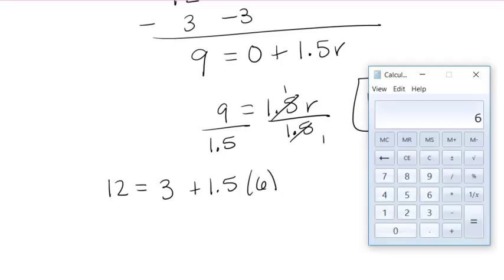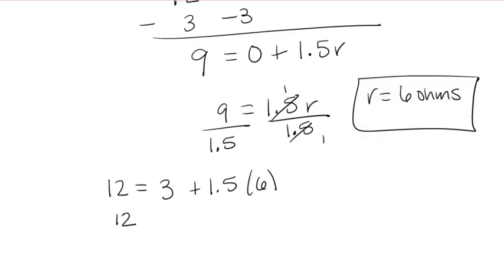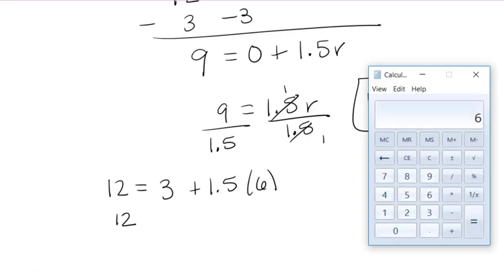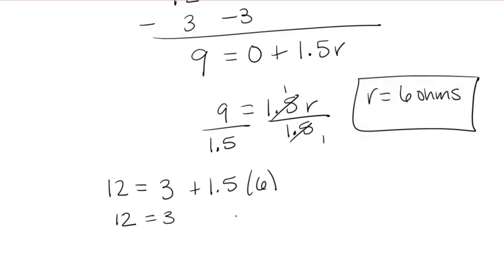Let's check to make sure we get 12 on this other side. 6 times 1.5 is equal to 9. So 3 plus 9 means we get 12 on both sides. So we know that we got the correct solution. That is how you can check to make sure you got the right answer. Now let's look at another example.